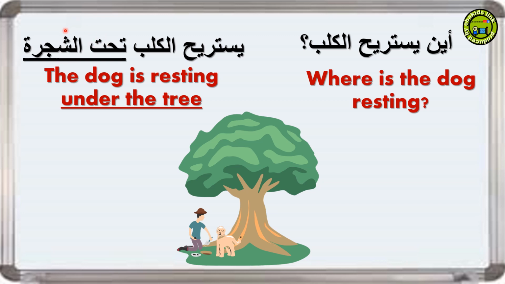And تحت الشجرة is the place where the dog is resting. Because in the question we are asking about where the dog is resting using this يستريح. So if there was no يستريح, the reply would have been الكلب تحت الشجرة.